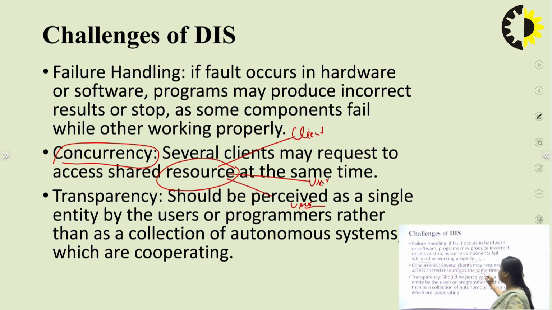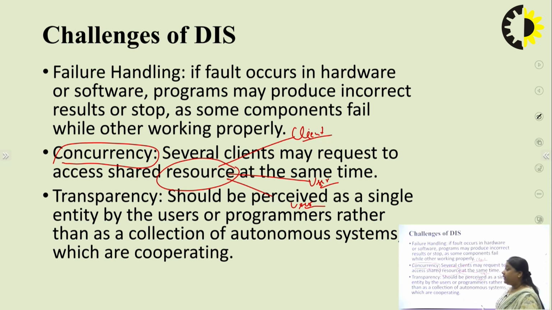Maybe results come for 10th class or 12th class, then all users target the same website. At that time, it is very important that our distributed information system is able to handle all these requests at the same time.